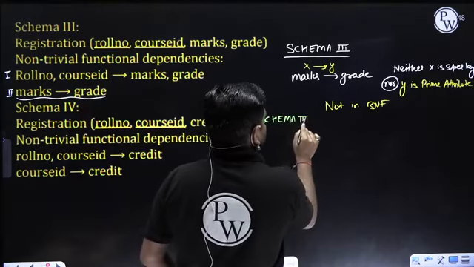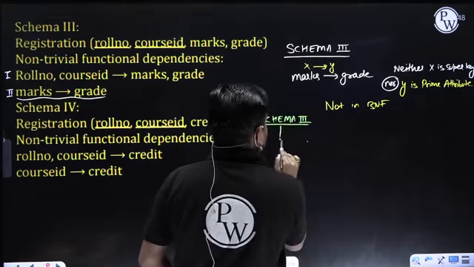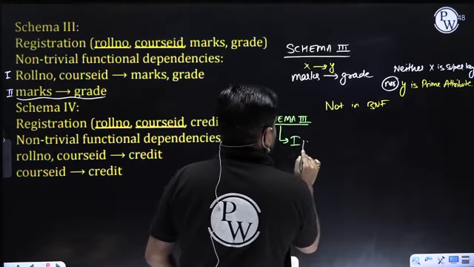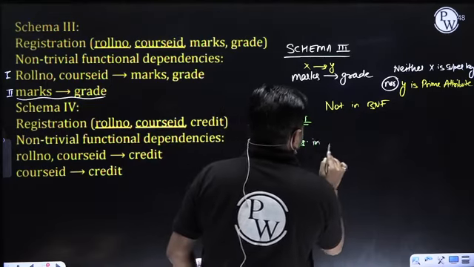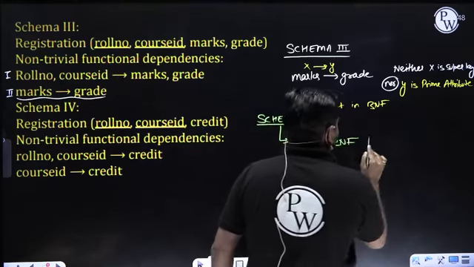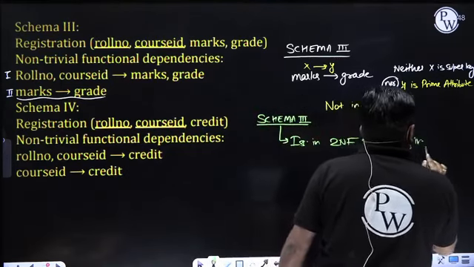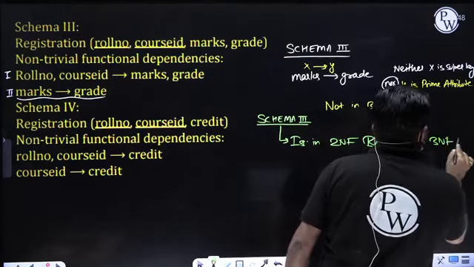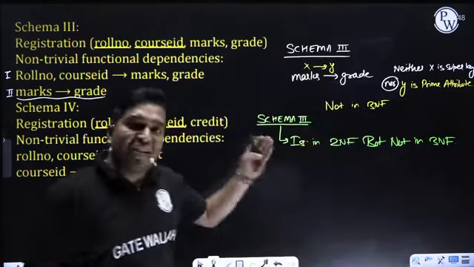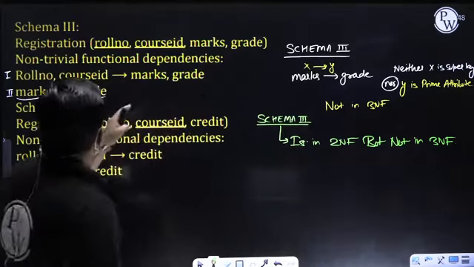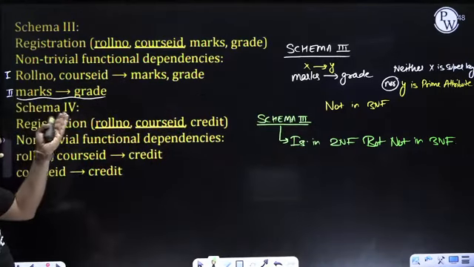So what do we conclude about schema third? Schema third is in 2NF but not in 3NF, my dear. Schema third is in 2NF because there is no partial dependency.